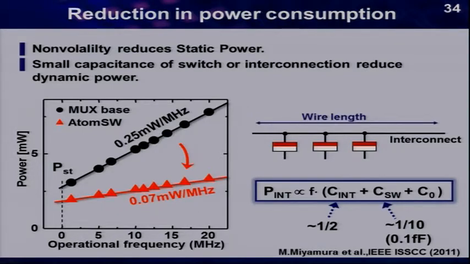Compared with reference chip, atom switch-based chip shows 70% reduction in dynamic power. This reduction is originated from the reduced parasitic capacitance of interconnect and switch here. The capacitance of the switch is estimated to be 0.1 femtofarad, which is 1/10 of that of transistors.